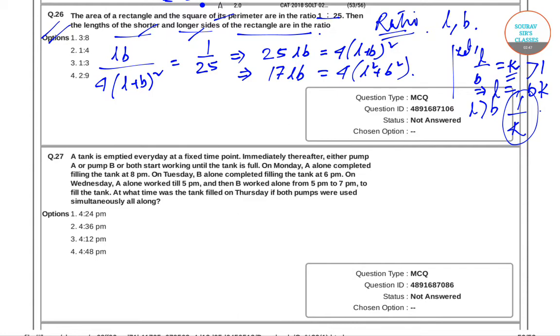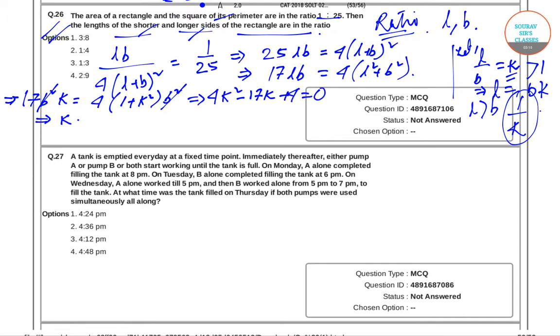So instead of L we'll put BK. So 17 B square K will be equal to 4 into (1 plus K square) B square. So B square and B square cancel out, and we have ultimately 4K square minus 17K plus 4 equal to 0, and this gives us the value of K as 4 and 1 by 4.